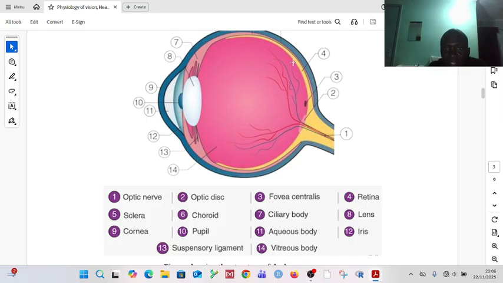More refraction, inaenda inatengeneza kwa retina. Kwa retina hapo kuna cones, kuna rods. Then hizo zote ziko served richly by the nerves. Nerves will pick that signal, then send it down through the optic nerve to the brain for interpretation.